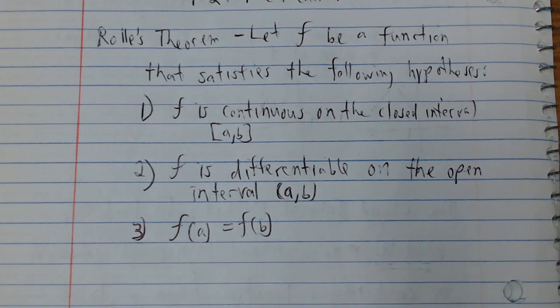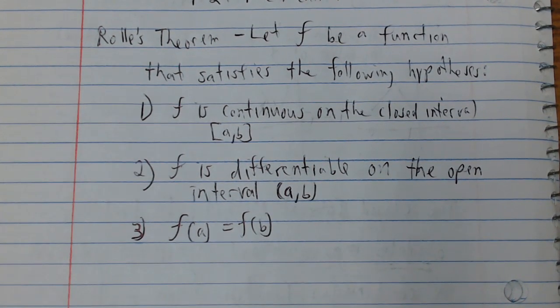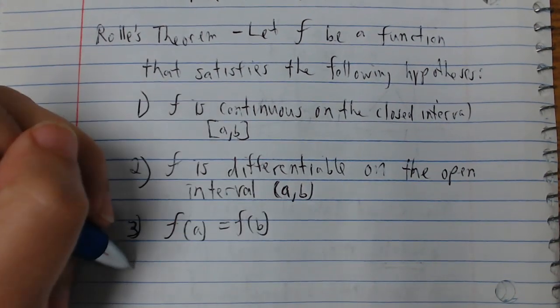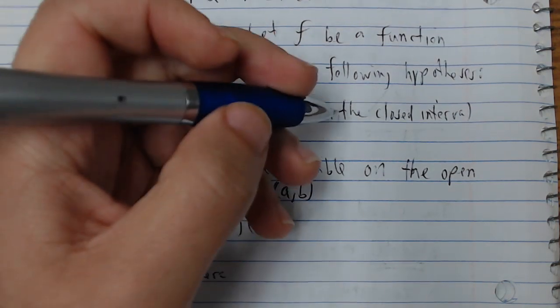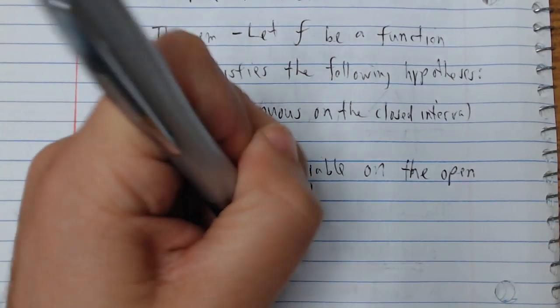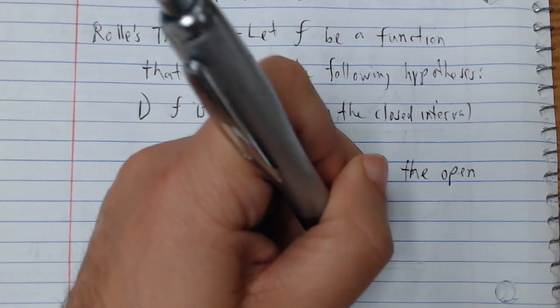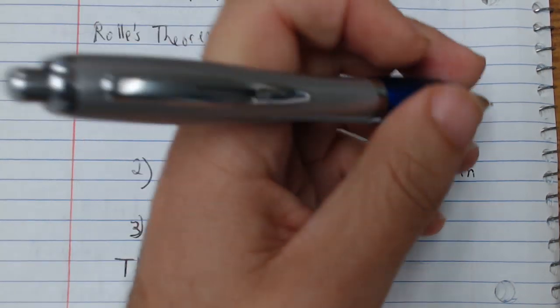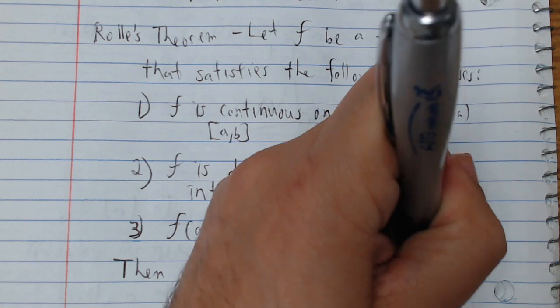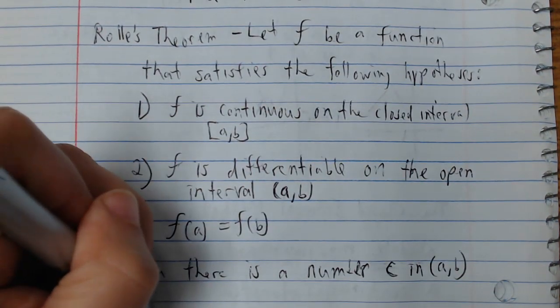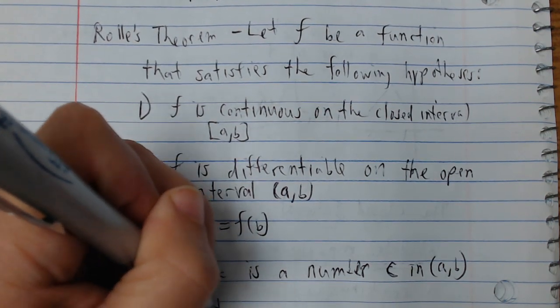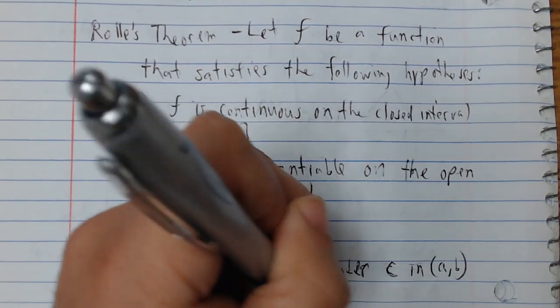So what you should notice is that these three conditions pretty much can give us the conclusion, which basically Rolle's theorem says, then there is a number C in the open interval from A to B such that f prime of C equals 0.